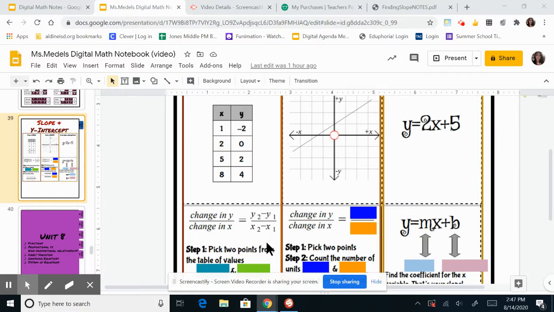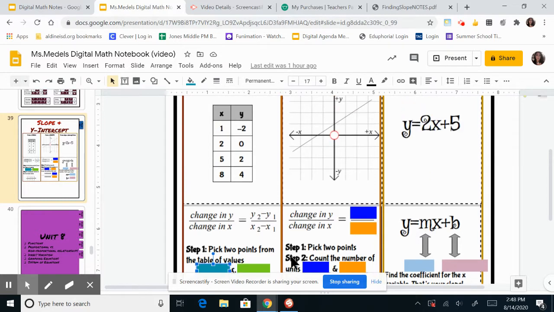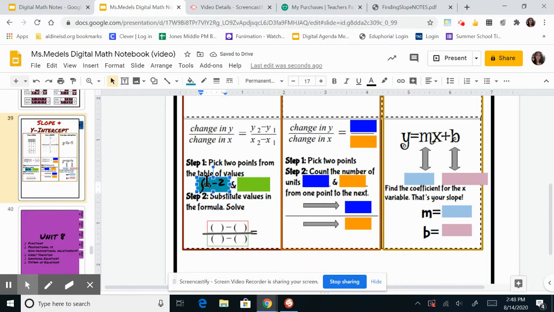So first things first, you're going to pick 2 points from the table. I am just going to do really easy ones, and I'm just going to pick the first ones. 1, -2.